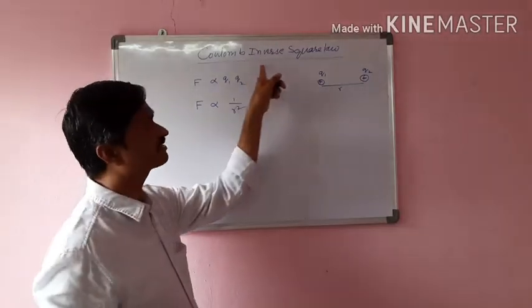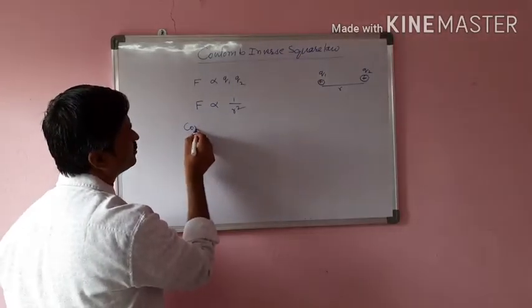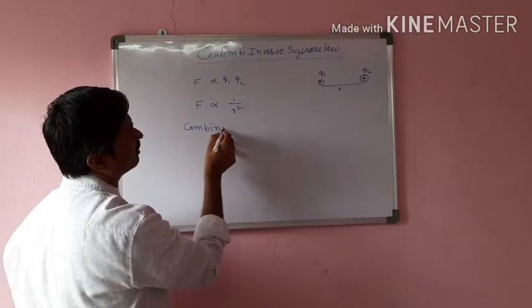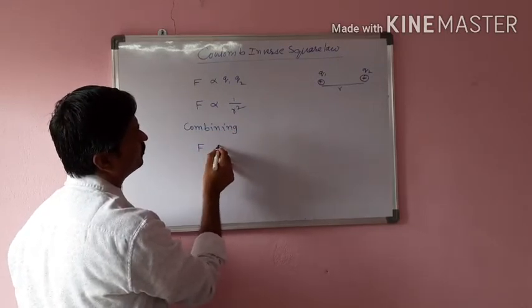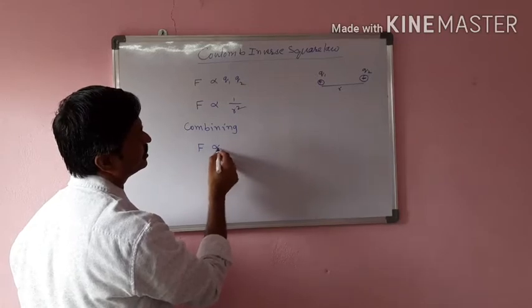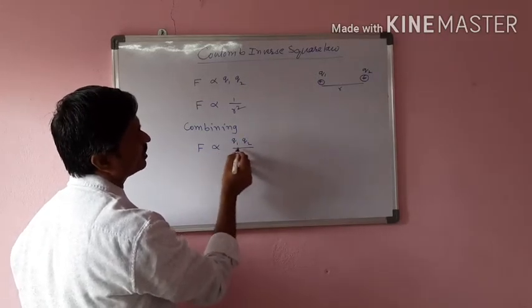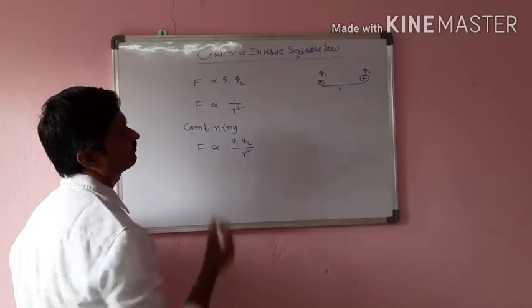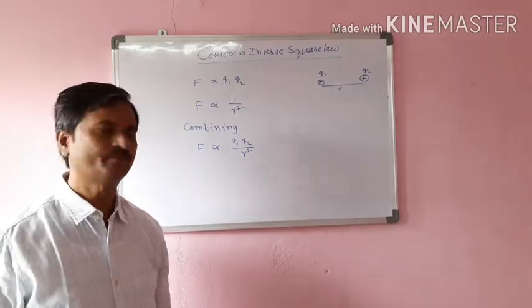That is why it is called inverse square law. Now, combining these two, the resultant force of attraction or repulsion is directly proportional to the product of charges and inversely proportional to the square of the distance between them.